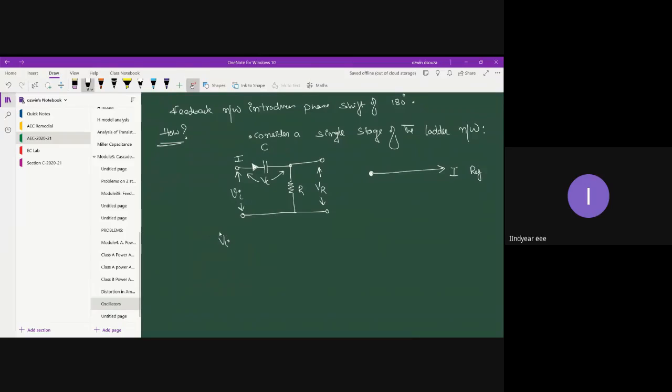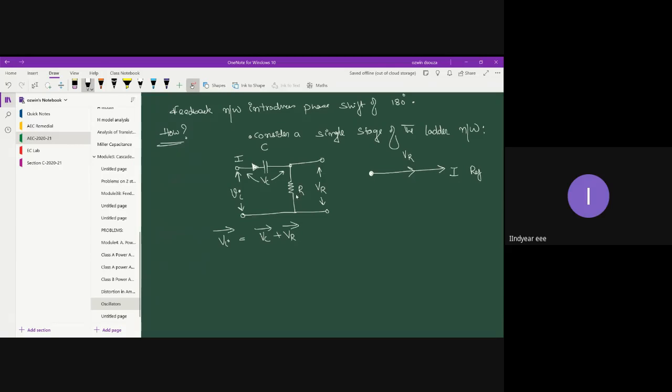So vectorially, if you add the capacitive voltage and the resistive voltage, you will get the resultant voltage. What's the phase relationship between resistive voltage and current? Resistive voltage is always in phase with current, right?